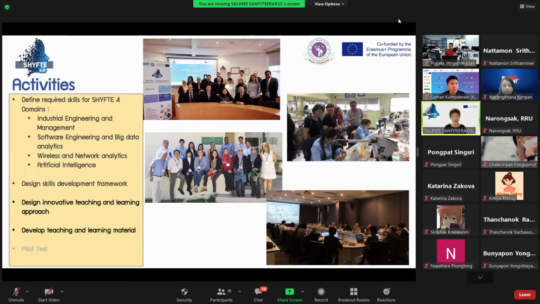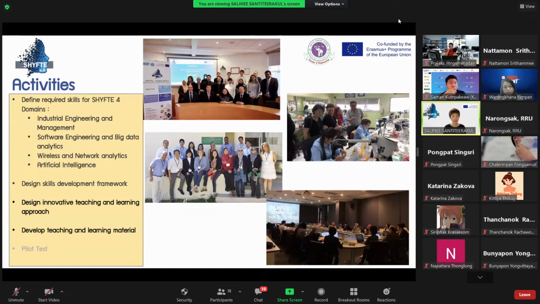We divided the domain of the skill into 4 domains, which are industrial engineering and management. The second domain is software engineering and big data analytics. The third domain is wireless and network analytics. And the last one is artificial intelligence. Each Asia partner is responsible for their expertise domain.